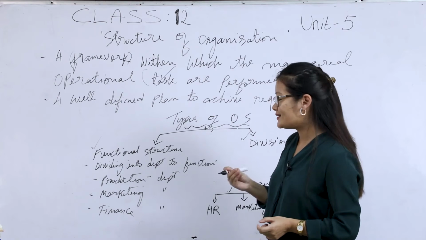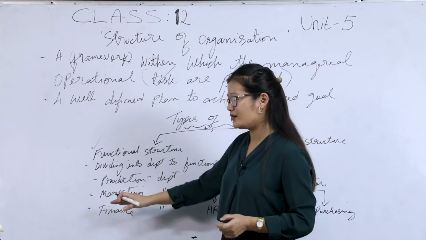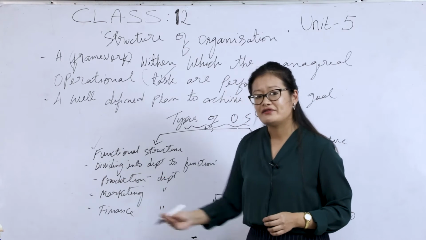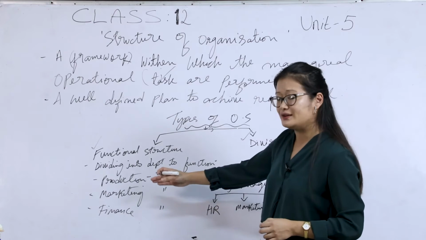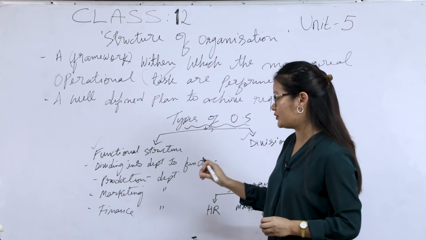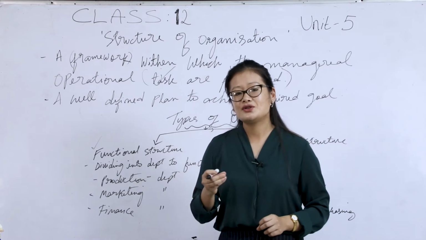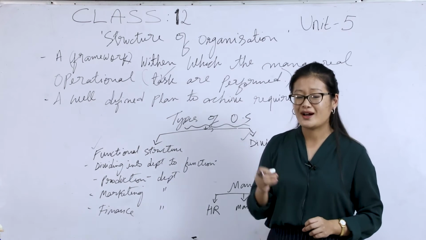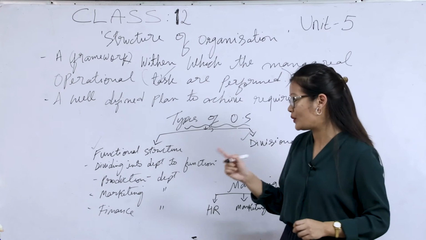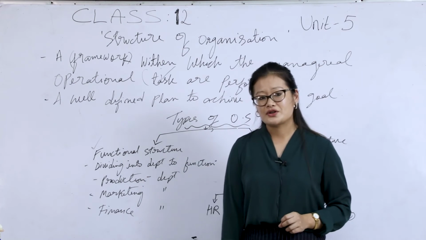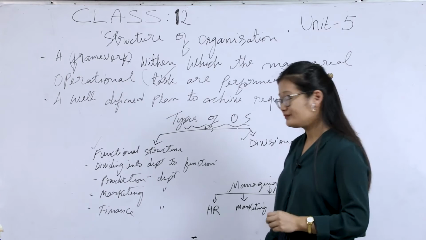All right, that is the reason work has been divided into departments. That is called functional structure, okay? Dividing the work into departments in order to function in a smooth way under the organization. That is what functional structure is all about, okay?